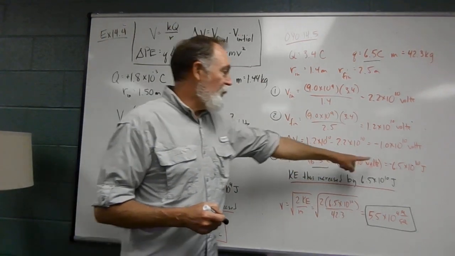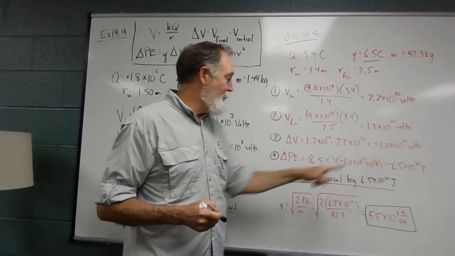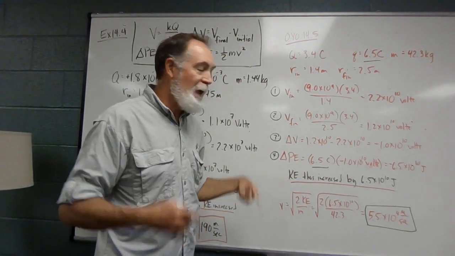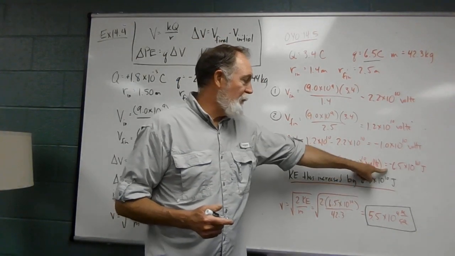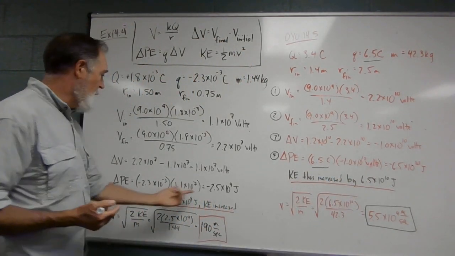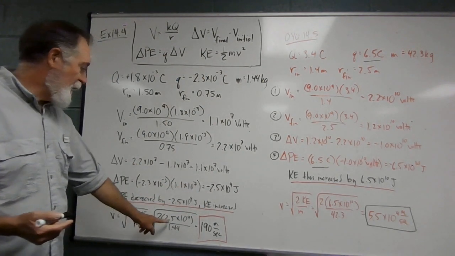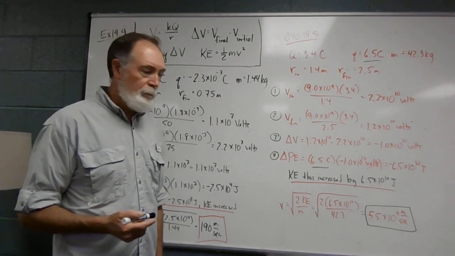So this tells us that the potential energy decreased by that amount. That means the kinetic energy increased by that amount. So if this is negative, this is positive, same magnitude. Just like over here, we had a decrease of this, so we had an increase of the same magnitude in the kinetic energy.